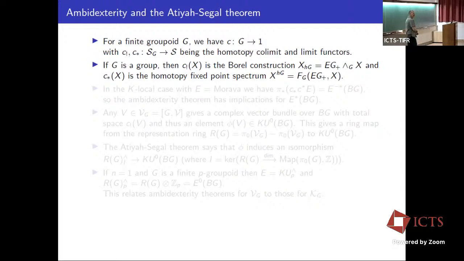It's a contractible space with free G action, which can be constructed by simplicial methods. It has the property that EG mod G is BG, the classifying space. So we take EG plus and smash it over G with our space X, and that's the Borel construction. That's the same thing as the homotopy colimit.